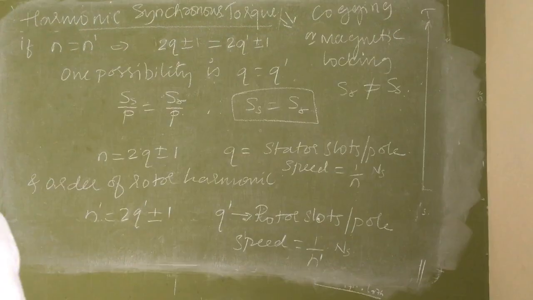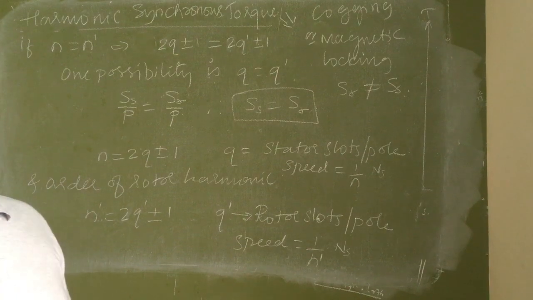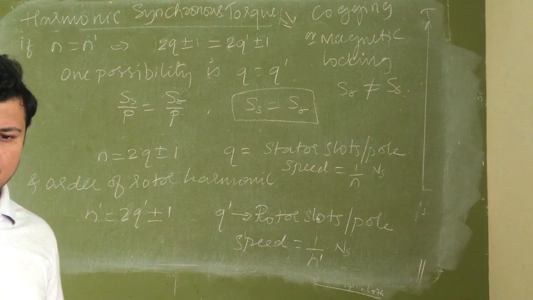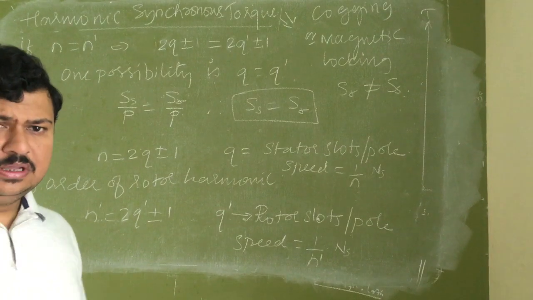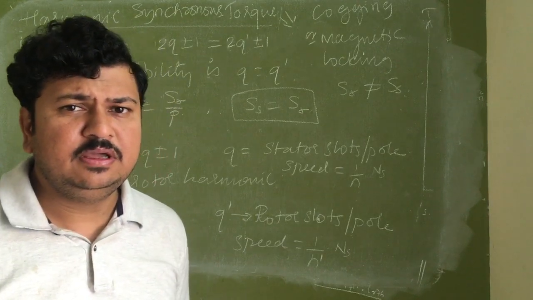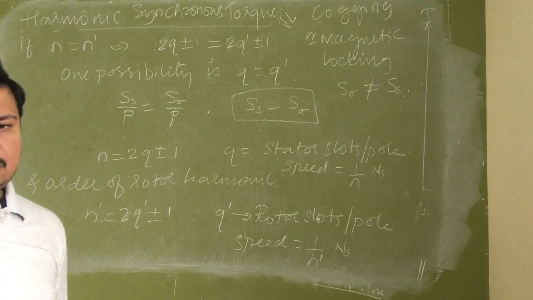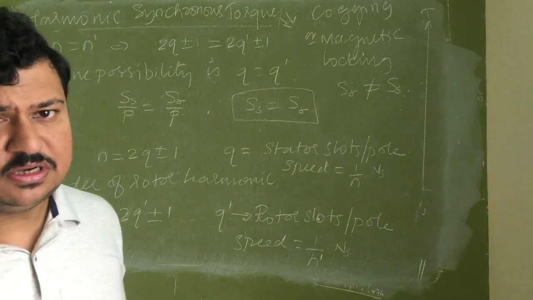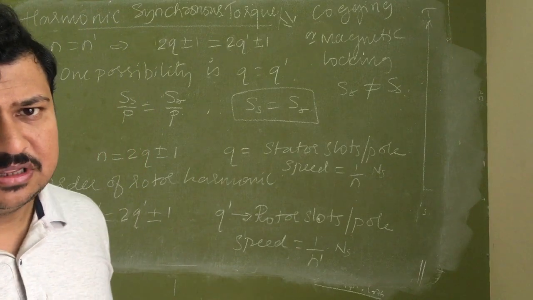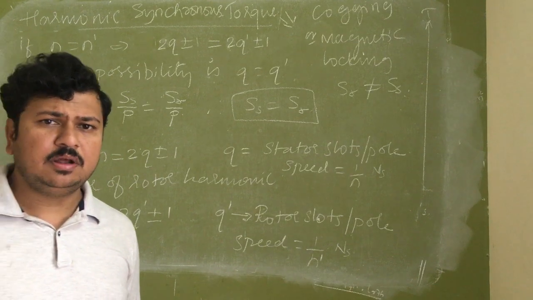There will be harmonic synchronous torques when the order of stator harmonics is equal to the order of rotor harmonics, which may result in crawling. And if the rotor slots become equal to stator slots, then the torques produced by these harmonic contents, the synchronous torques, will be of the same magnitude but alternatively in opposite direction.